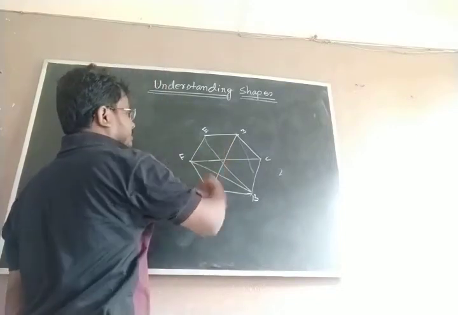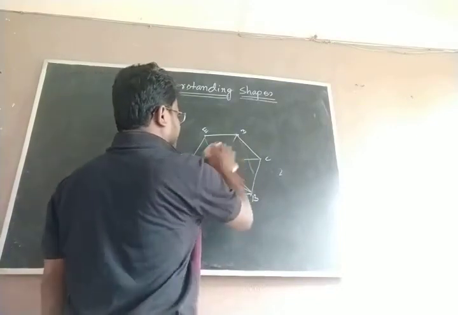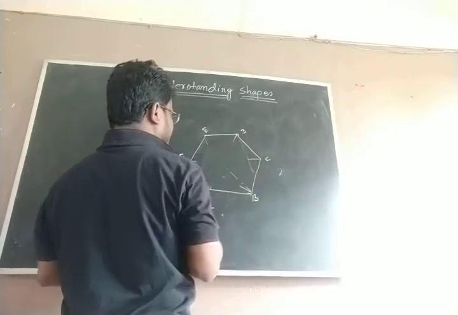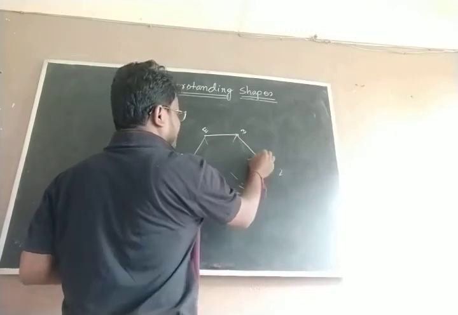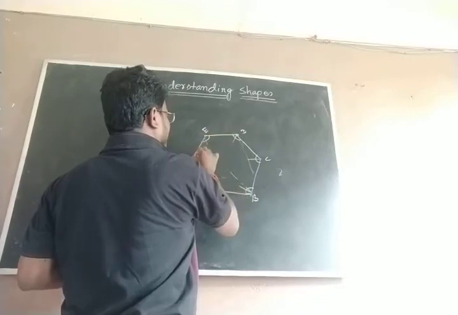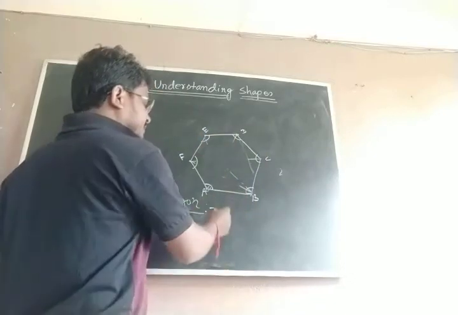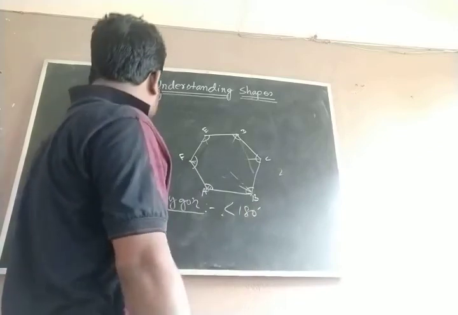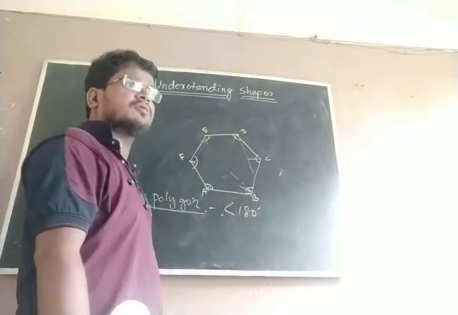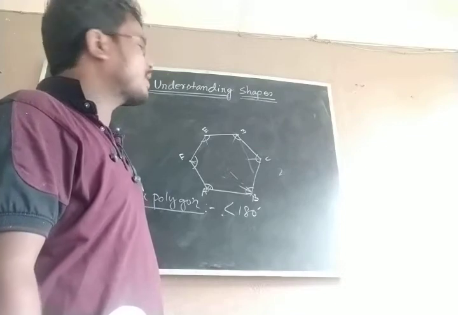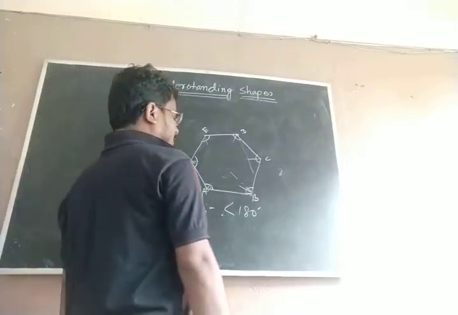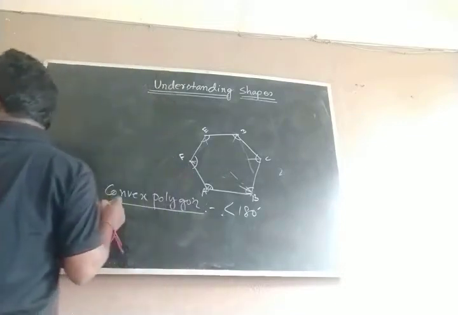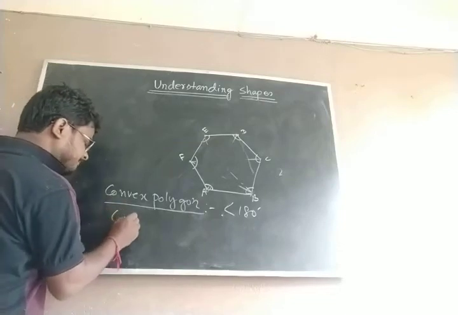Suppose this is a polygon, and we see all the interior angles, this angle. All interior angles must be less than 180. Then we can say that this is a convex polygon.